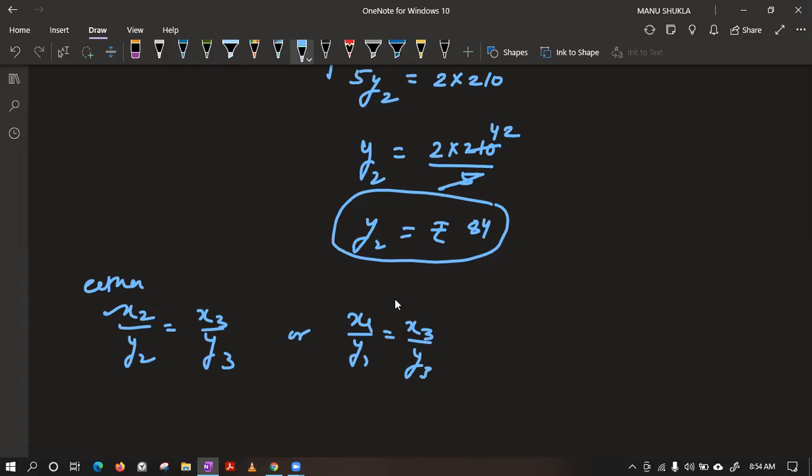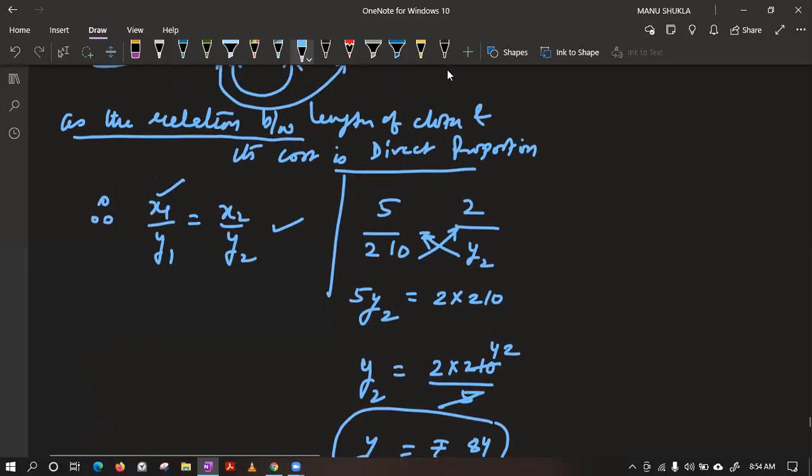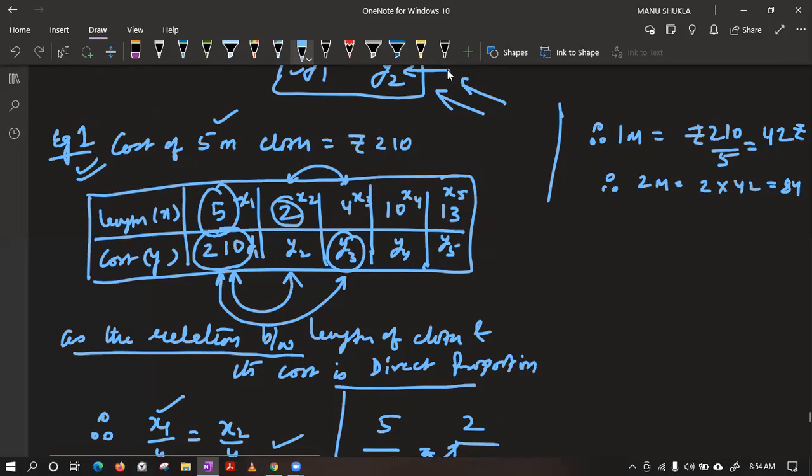Just make sure you know three values, because if there is one unknown, then only you can find. If there are more unknowns, you can't find using a single equation. Class, is it clear to everyone that you have to take those ratios only in which one is unknown?